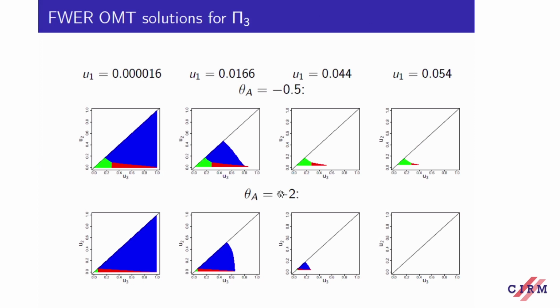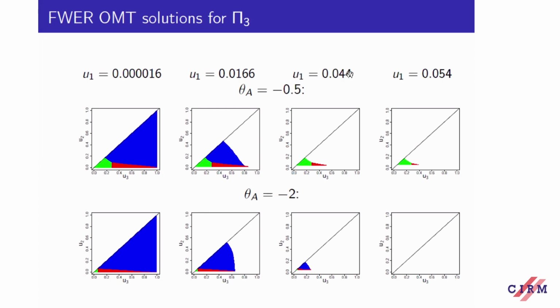We can start by looking at this alternative at minus 2. And what we see are rejection regions that are maybe not that different from Bonferroni. Qualitatively, these two are the same as we saw in the previous slide.